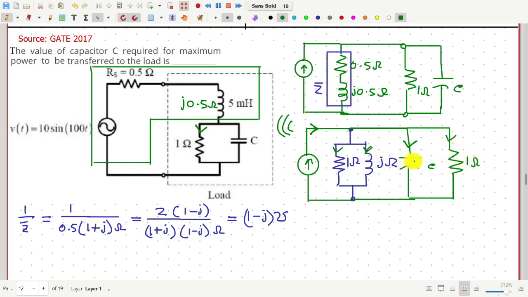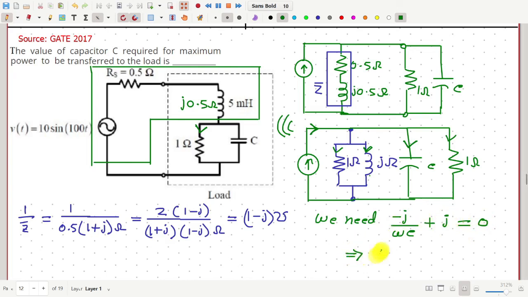If we can adjust the value of this capacitor so that the currents through the inductor and through the capacitor become equal and opposite to each other, then overall these two currents will add up to 0, and the total source current will flow only through these two resistances. So we will get maximum current through this load resistance. For that, we have to adjust the value of this capacitor so that its impedance is equal and opposite to the impedance of this inductor. So we need the impedance of this capacitor, which is minus J by omega C, plus the impedance of this inductor J, to sum up to 0.